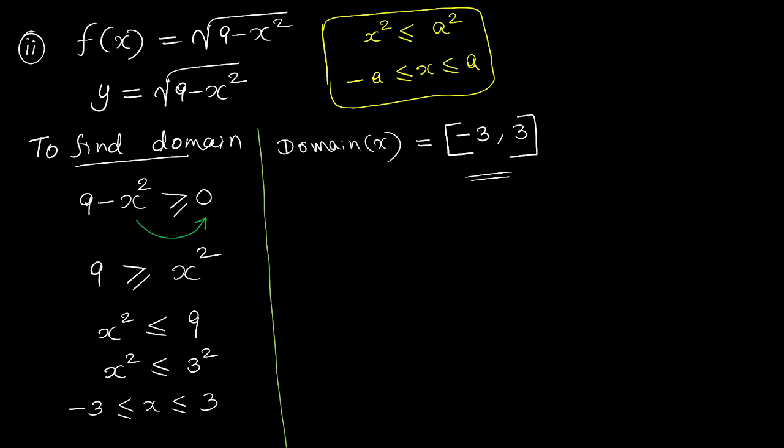The next is range. Range is difficult. Compared to domain, range is tough. To find range. Range means the values of y. It is given that y equal to root of. Actually, this one is read as not root, positive root.